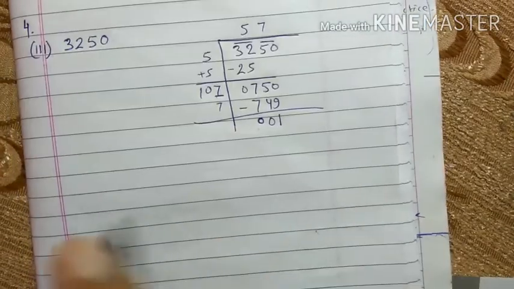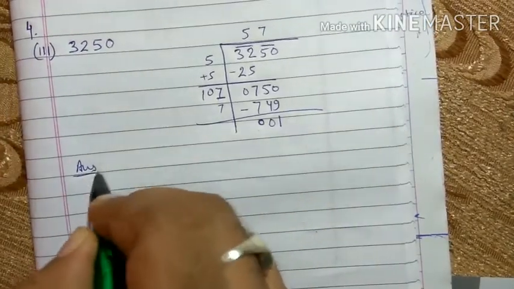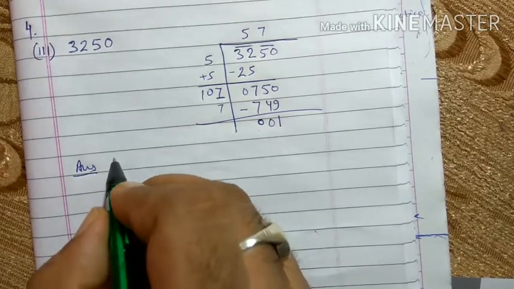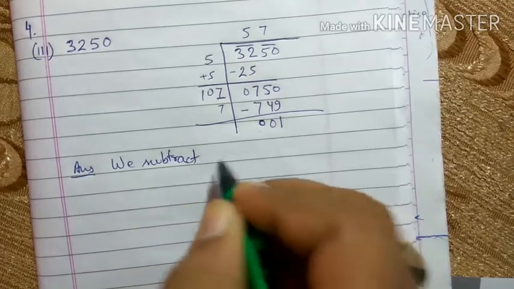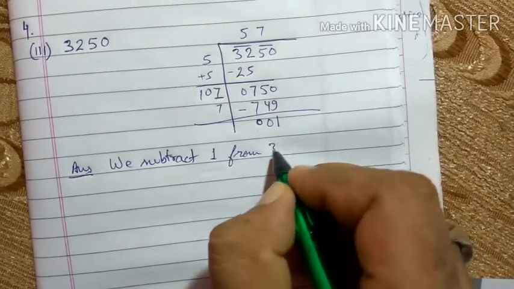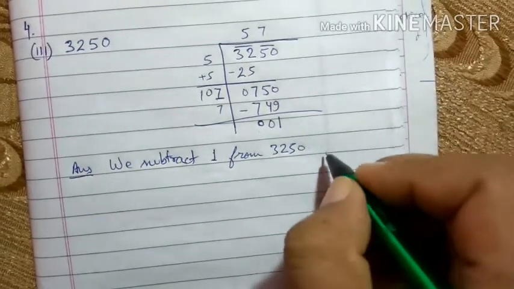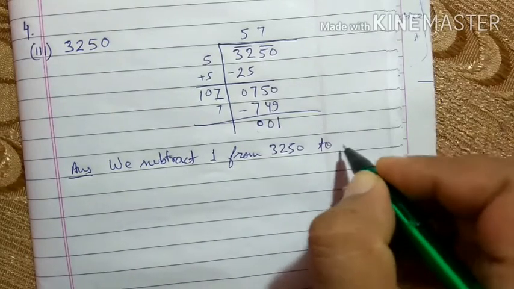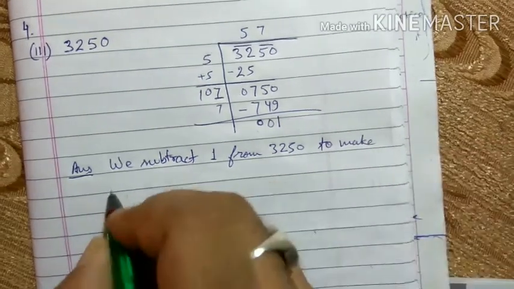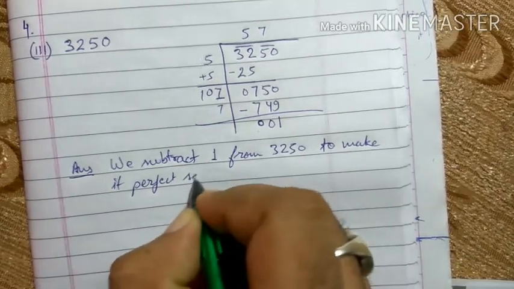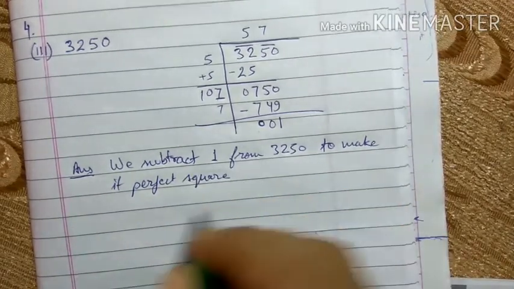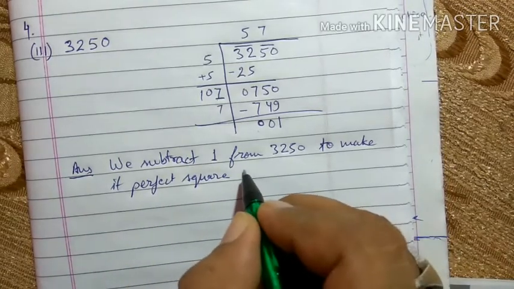So your answer is, we subtract 1 from 3250 to make it a perfect square.